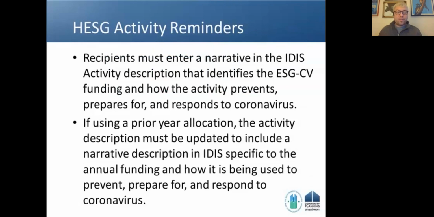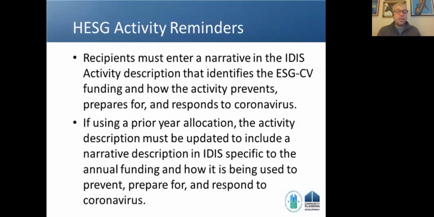Here are just a few reminders for the ESG and ESG-CV activities. First, recipients must enter a narrative in IDIS activity description that identifies the ESG-CV funding and how that activity prevents, prepares for, or responds to COVID-19. That is extremely important for ESG-CV. If you are using a prior fiscal year, so fiscal year 19 or 18 or earlier funding allocation, the activity description must be updated to include a narrative description in IDIS specific to the annual funding and how it is to be used to prevent, prepare for, and respond to coronavirus or COVID-19.